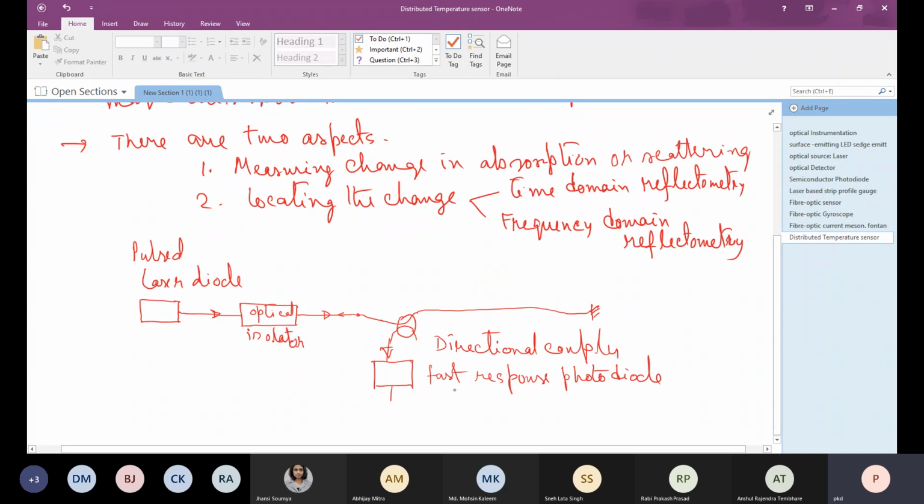And then there could be a signal processing unit.